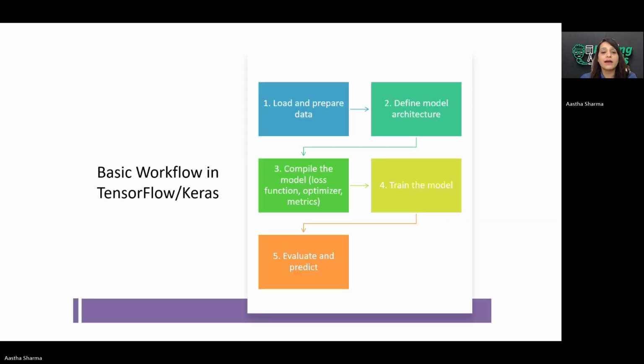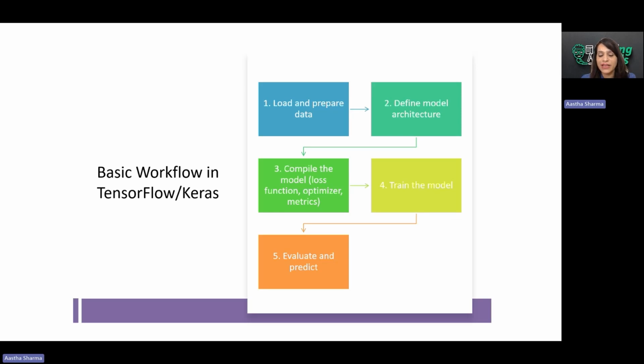So let's understand how the workflow is going to be when we put our hands-on practice on it. We are first of all going to load and prepare the data. Second, we are going to define the model architecture, that is, how you are going to process and how the classification is going to happen. Then you are going to compile the model with loss function and optimizer along with metrics.